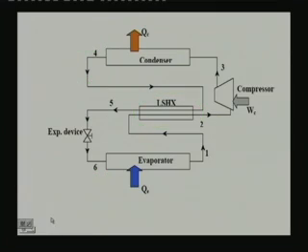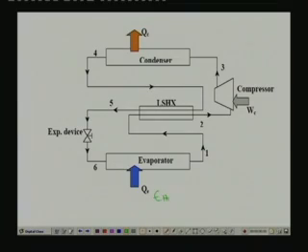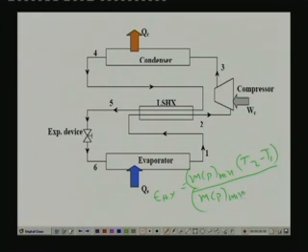So, if this is minimum for vapor, we can define heat exchanger effectiveness as m Cp minimum into delta T actual, divided by m Cp minimum into delta T maximum. What is the delta T actual? Delta T actual is nothing but T2 minus T1, the actual temperature change of the vapor. Here the delta T maximum is the difference between the maximum temperature, which is the outlet temperature of the condenser, and the minimum temperature, which is the outlet temperature of the evaporator.